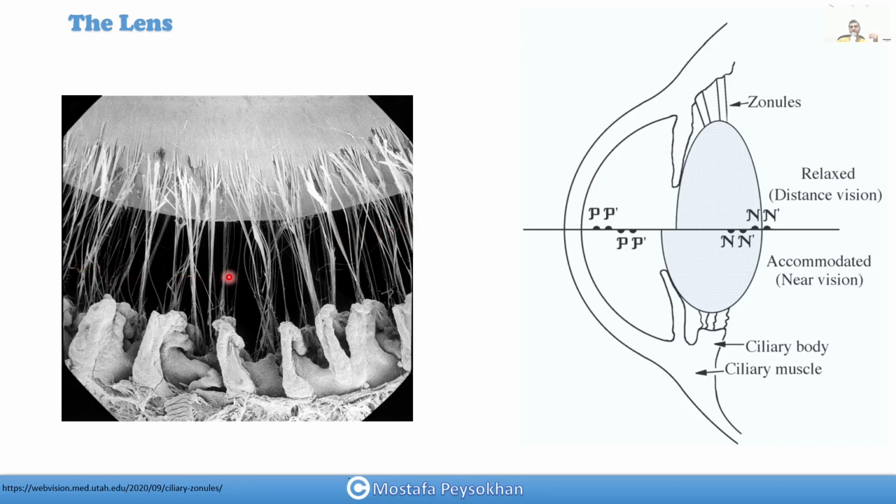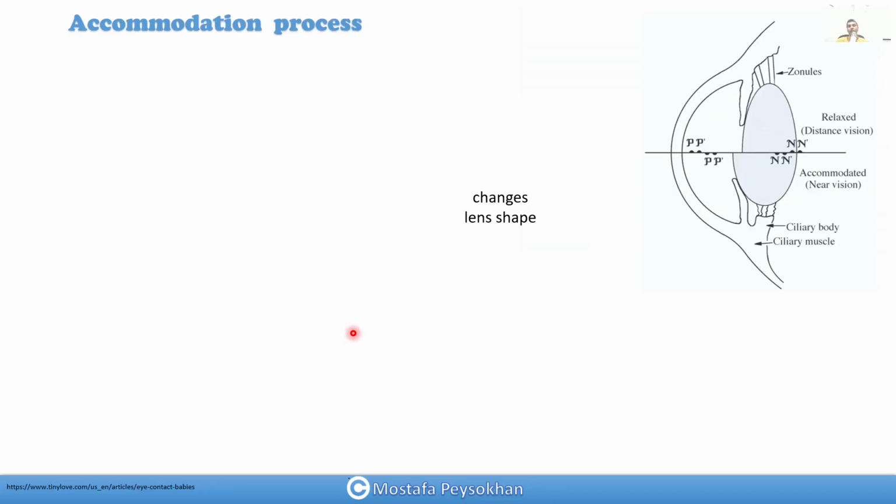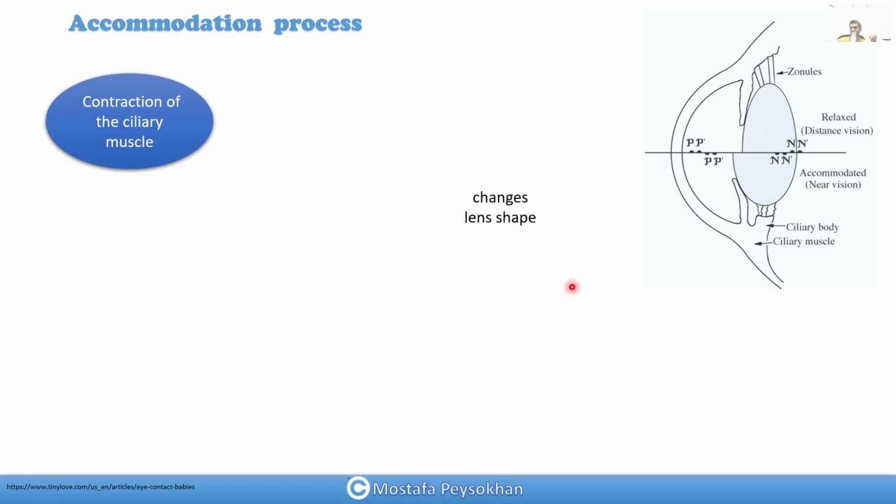And this is, I think, an SEM image of those parts that I mentioned, from the lens to the ciliary muscles. So now let's look at the whole accommodation process. First we have contraction of the ciliary muscle.